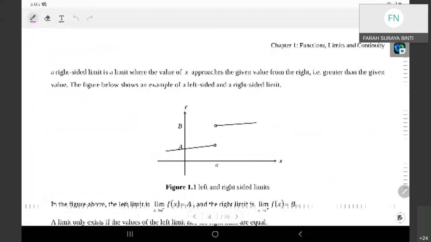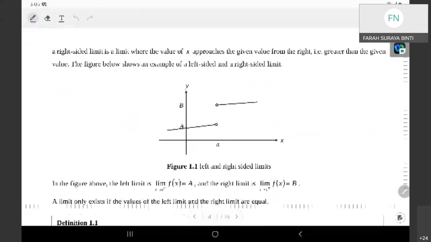So, the figure 1.1 shows an example of a left-sided and right-sided limit. Okay, maksudnya kalau left-sided, kita approach from left lah. Daripada sini ke sini. Kalau right-sided limit approaches any value from right.